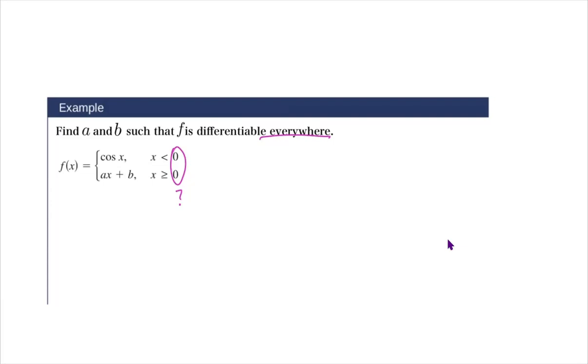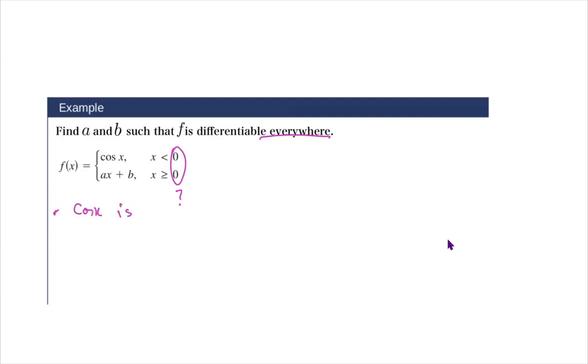Because we have two different functions, one for x less than 0, and one for x greater than or equal to 0.